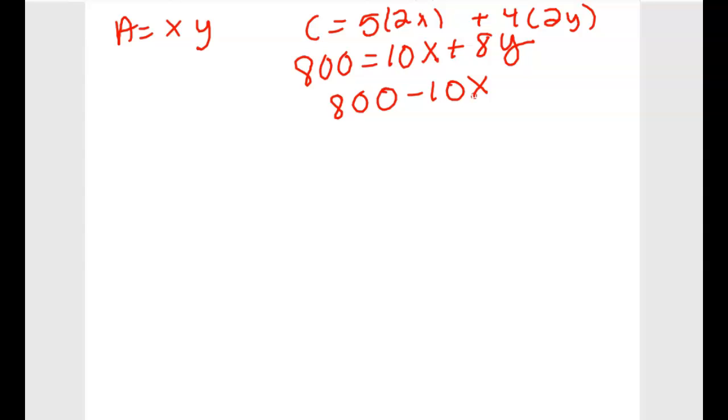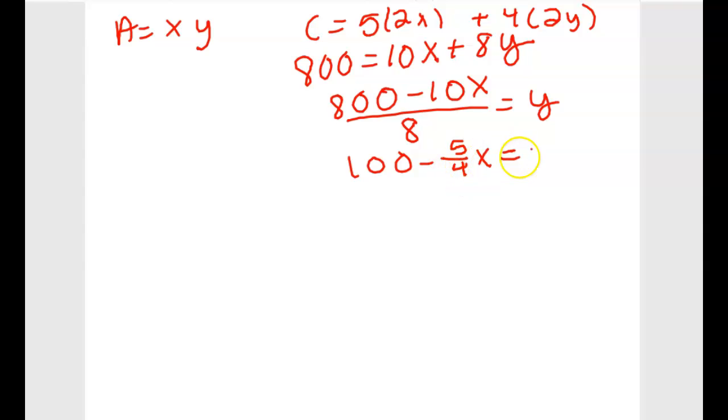So this would be 800 minus 10x all over 8 equals y. You could divide the 800 and the 8 to make that a nicer number. 800 divided by 8 is 100, and 10 divided by 8 reduces to 5/4 x. Now we're going to take this and plug it in for y here.